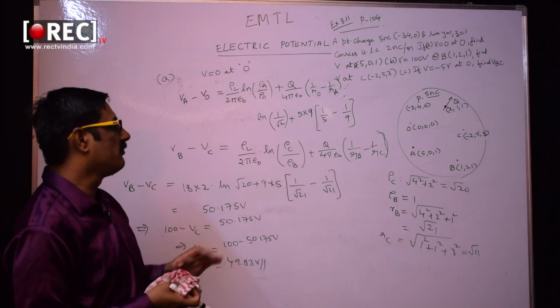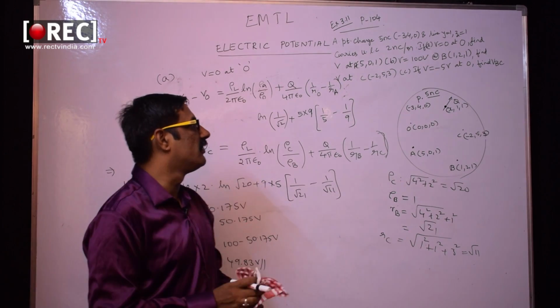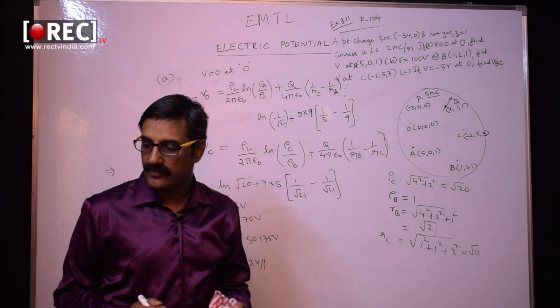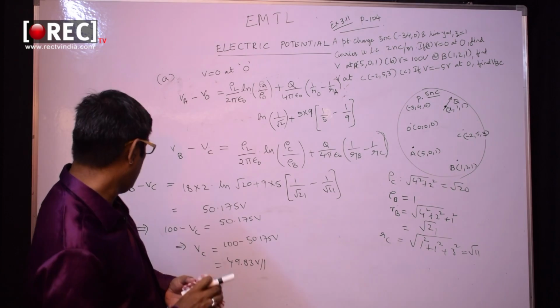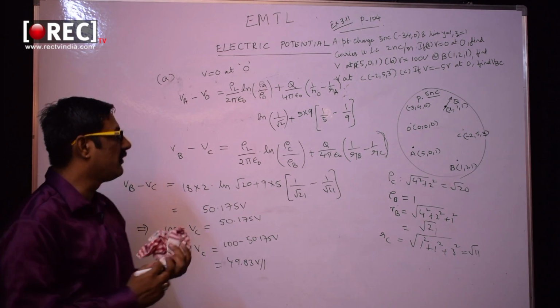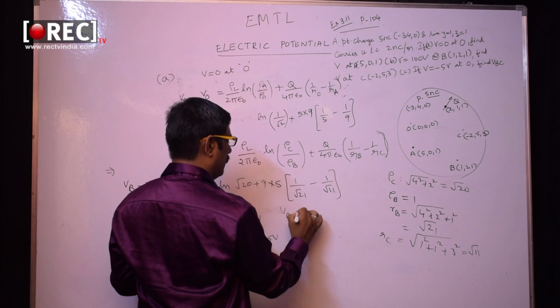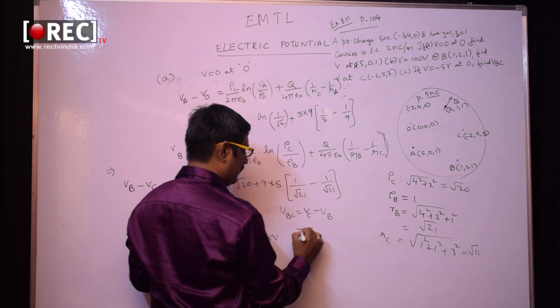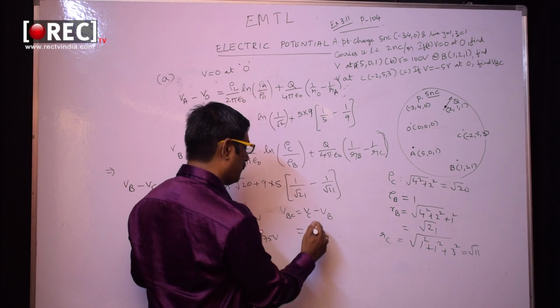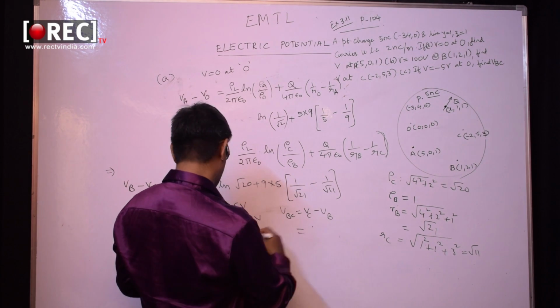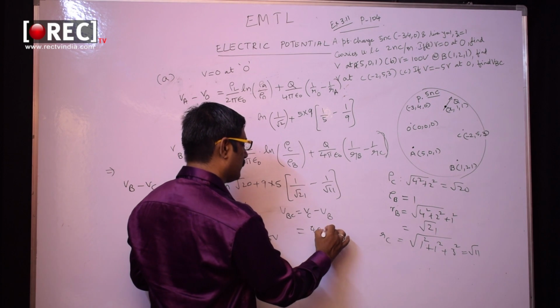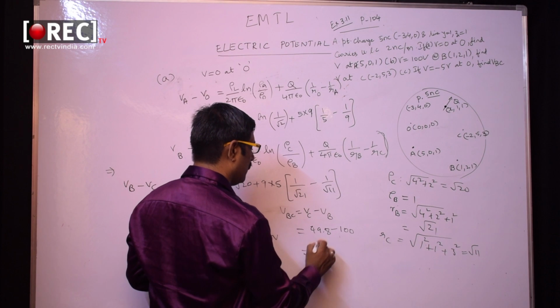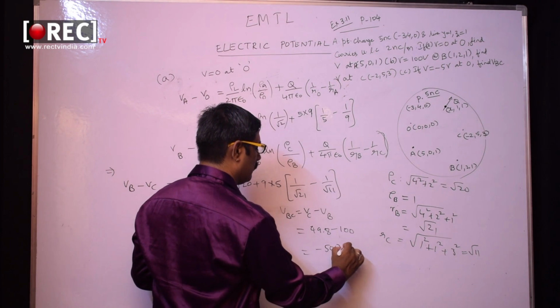On similar lines you can calculate the value of VBC. VBC is VC minus VB, where VC we got as 49.8 something, minus 100 as given here, so it is minus 50.2 volts.